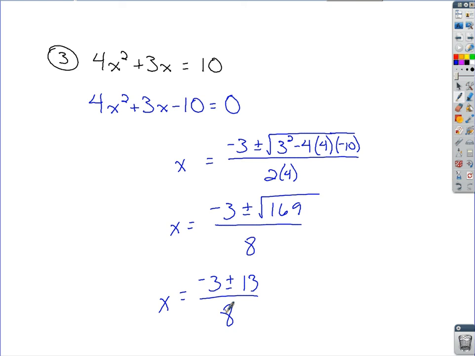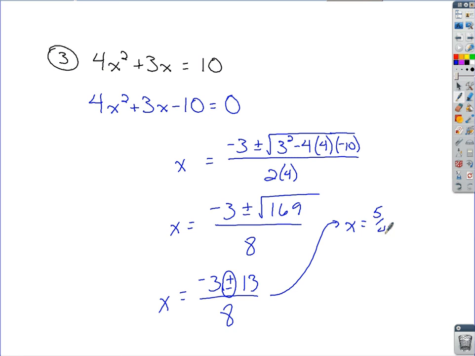So since the radical disappears, this tells you that originally we could have factored this, right? That would have been possible because we're going to get rational answers here. Either way, you are adding or subtracting the 13, so take it one piece at a time. x is going to equal negative 3 plus 13, which would be 10, right? 10 divided by 8 is 10/8.